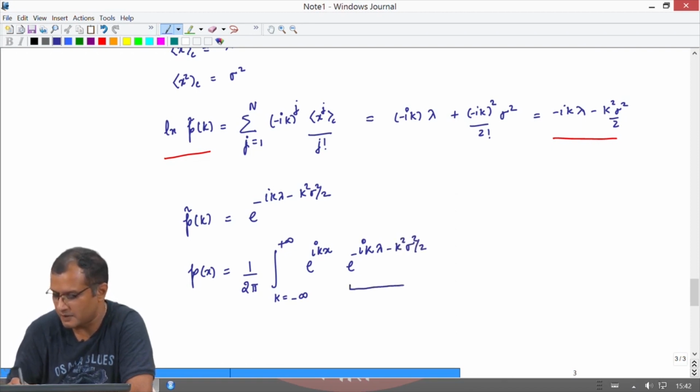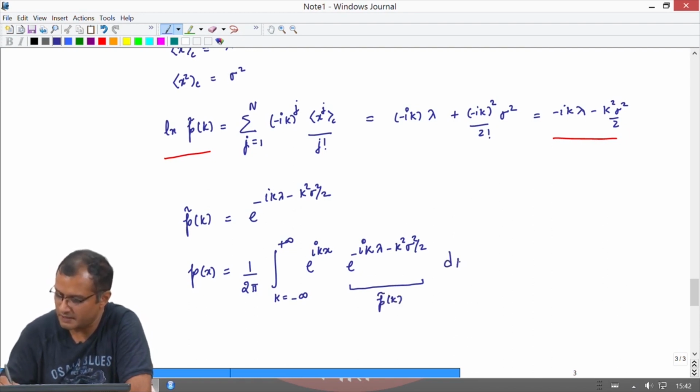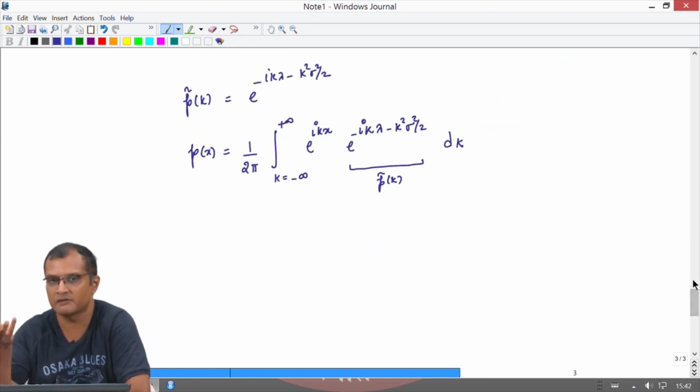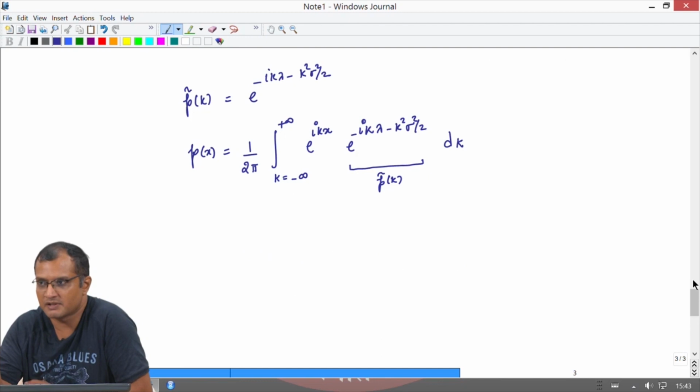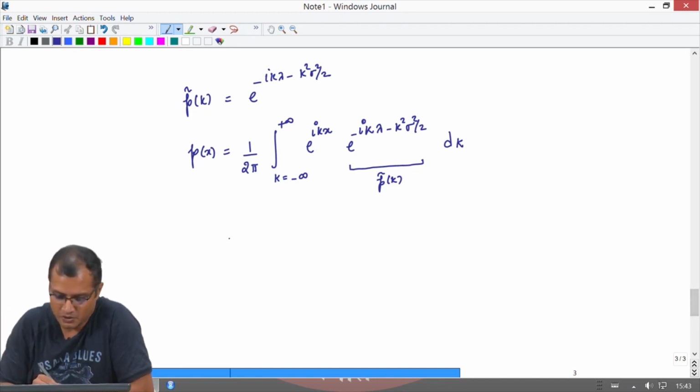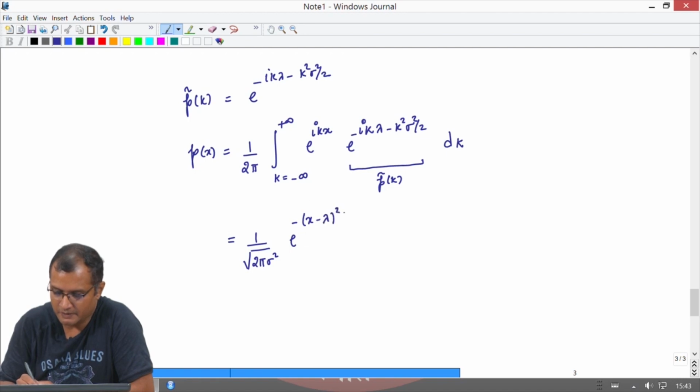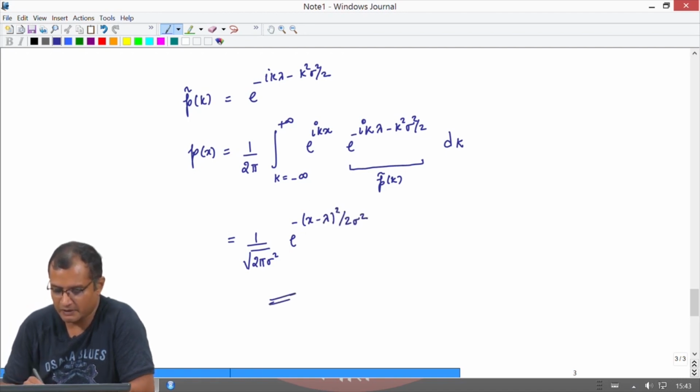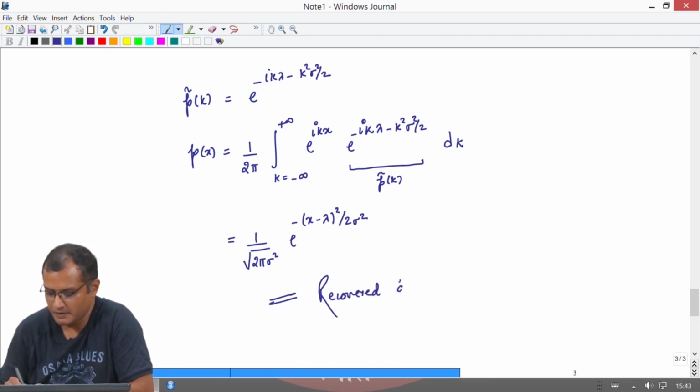This exponential is nothing but my p of k, whose inverse Fourier transform I am taking right now, and you know that the Fourier transform of a Gaussian PDF is also a Gaussian. So, what you will get at the end of this exercise is your Gaussian distribution, 1 upon the square root of 2 pi sigma square, e to the power minus x minus lambda the whole square by 2 sigma square. So, that is how you recover your Gaussian PDF.